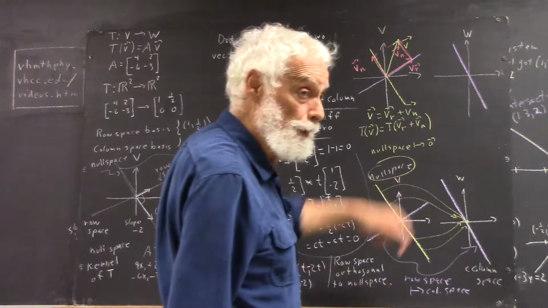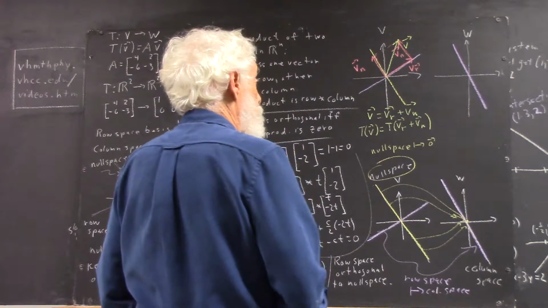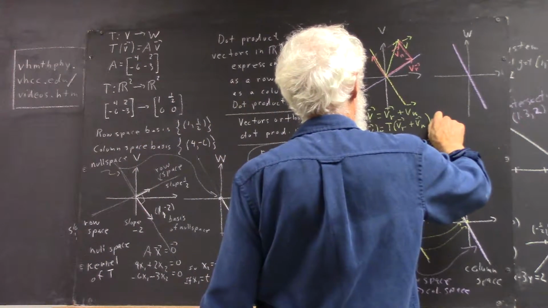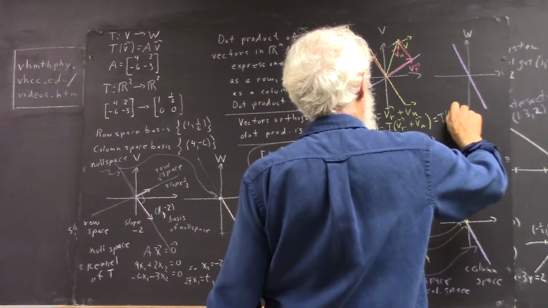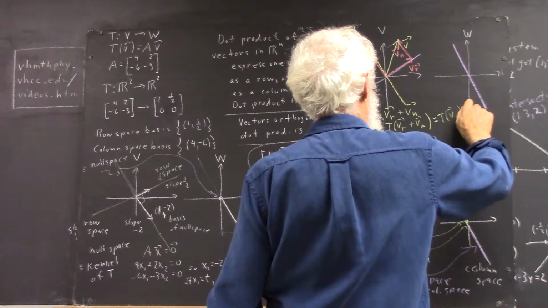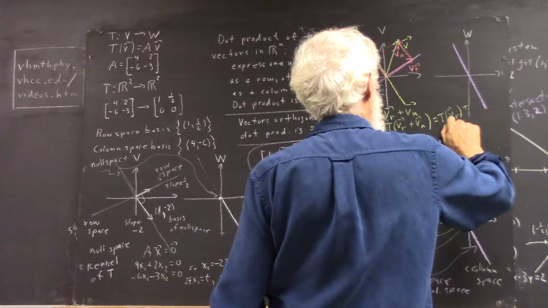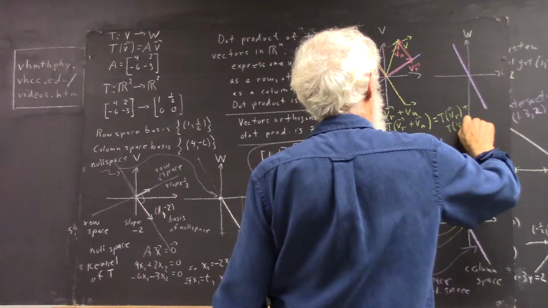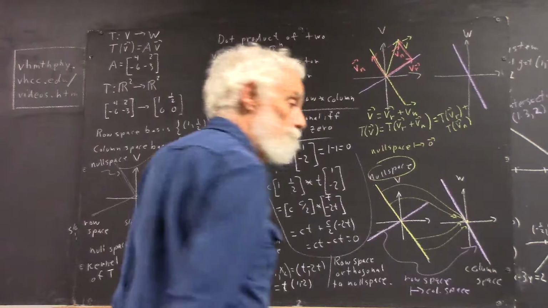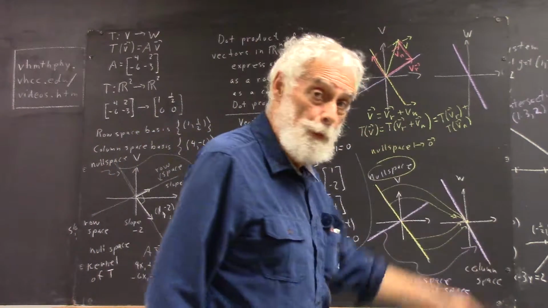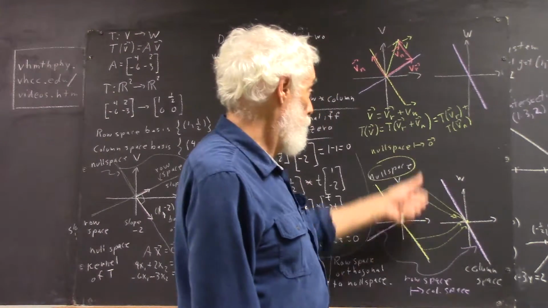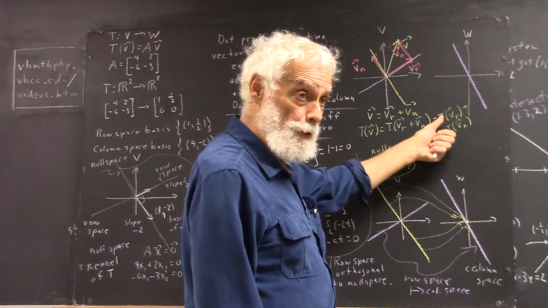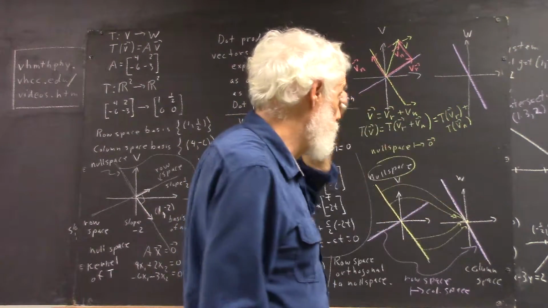Since V equals VR plus Vn. Well, that equals T of VR plus T of Vn, because this transformation is linear, property of linearity. T of one vector plus another is T of that one vector plus T of the other.